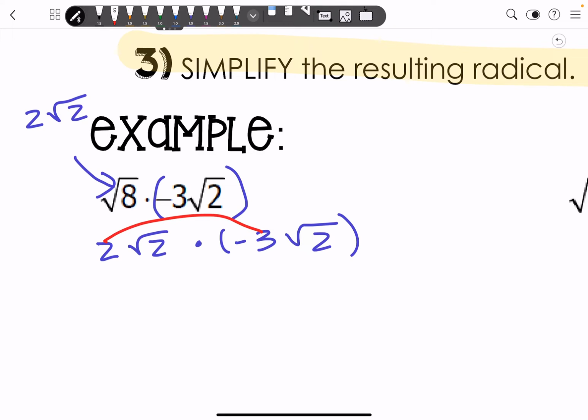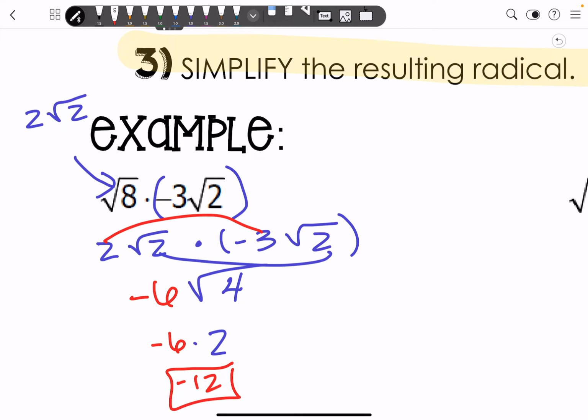So 2 times negative 3 gets you negative 6. And inside times inside. 2 times 2 is 4. Well, wait, the square root of 4 is 2. So we can simplify it and go negative 6 times 2, which gets you negative 12. And that would be your simplified version of that radical.